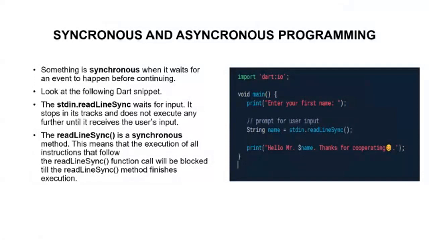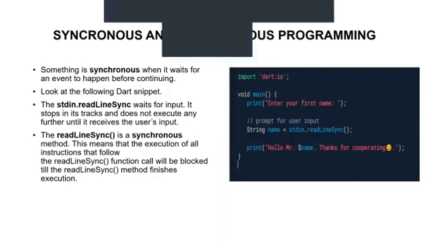When we say that something is synchronous, what we mean is that it waits for an event to happen before continuing. In other terms, we call it a blocking process. It blocks other things which come after it from operating until it finishes executing, and only then does it give room for the others to continue.